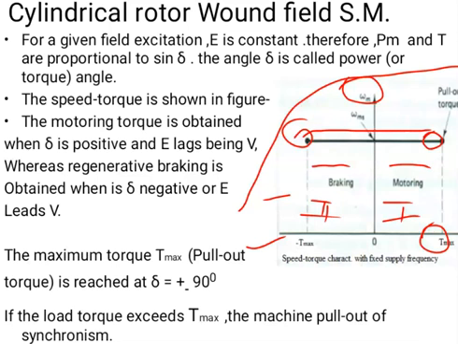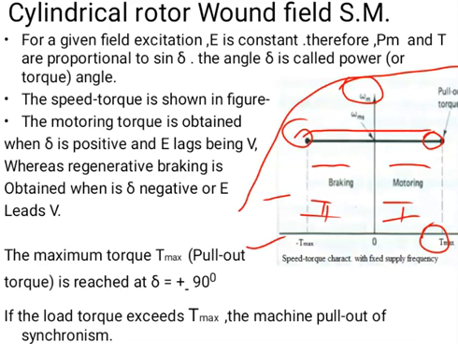The regenerative braking is obtained when delta is negative, and you know that we get the maximum torque when delta equals 90 degrees. If it is plus 90 degrees, that will be motoring torque, and if we get minus 90 degrees, it will be the braking torque.